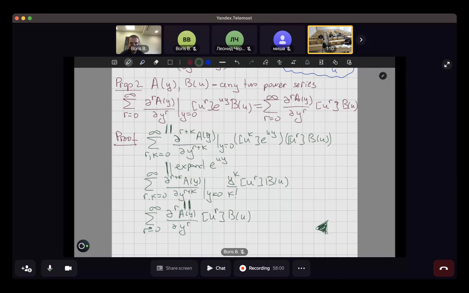So if we perform this summation over m, then in the right hand side we obtain just this 1 over q acting on h, and in the left hand side we have this one.